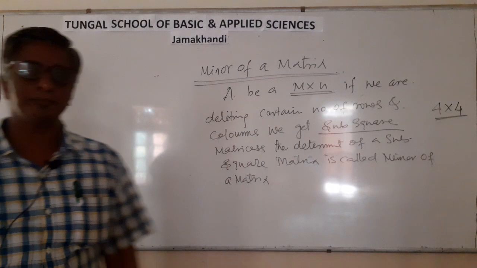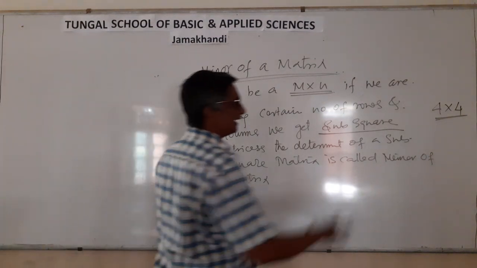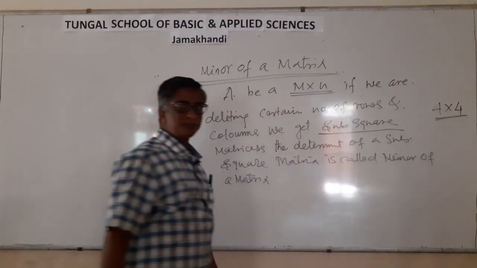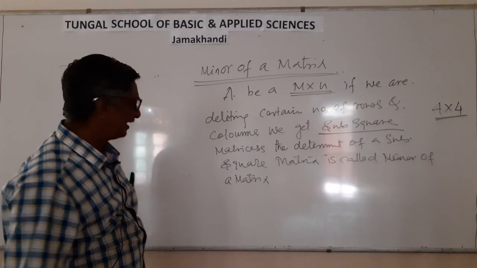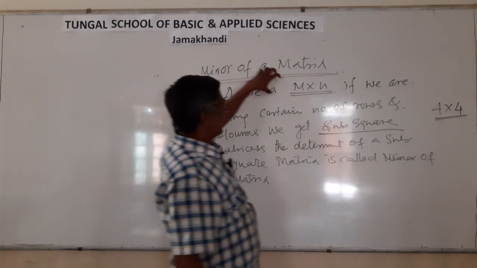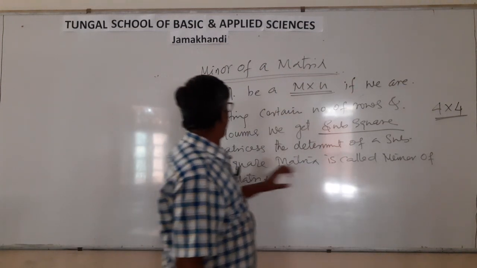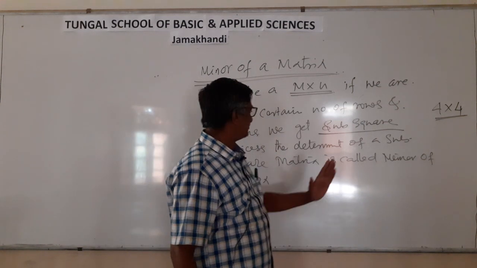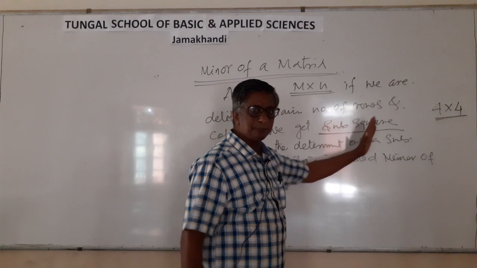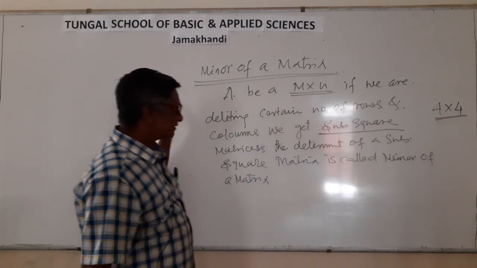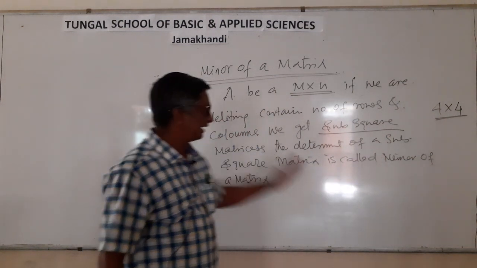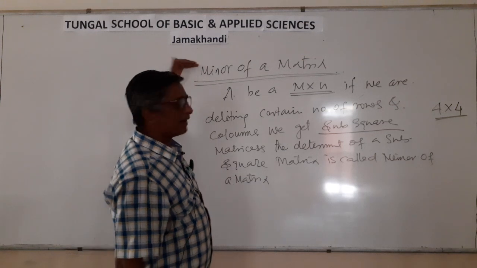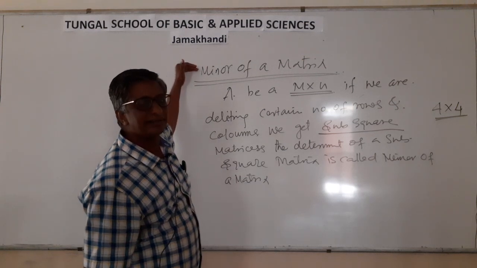It is a big determinant. I will explain after completion of matrices. Okay? A is m into n. If we delete a certain number of rows and columns, we get a sub-square matrix. The determinant of this is known as a minor of a matrix.